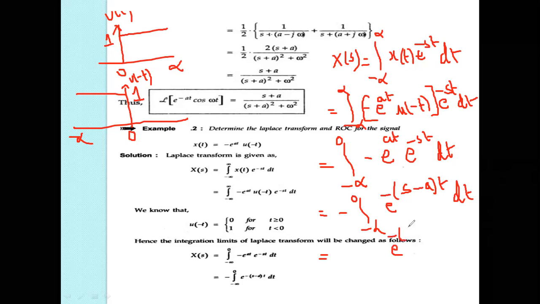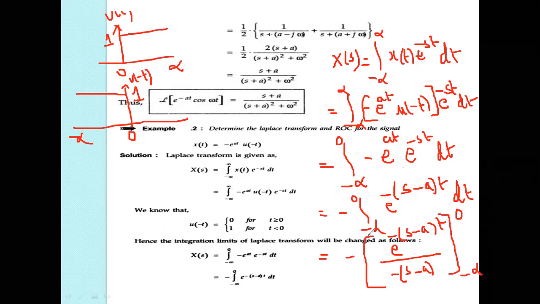E power minus (s minus a) into t by minus (s minus a), because it is the coefficient of t. We are applying the integral with respect to t only. The upper limit is 0 and the lower limit is minus infinity, and the total function has the minus.